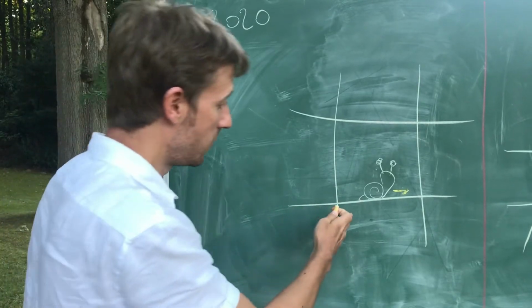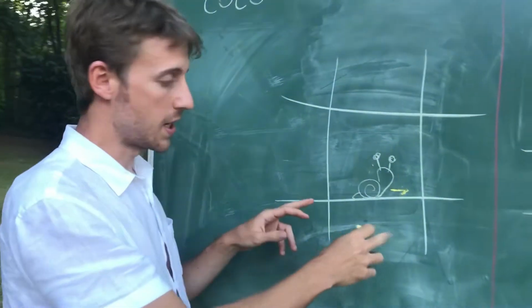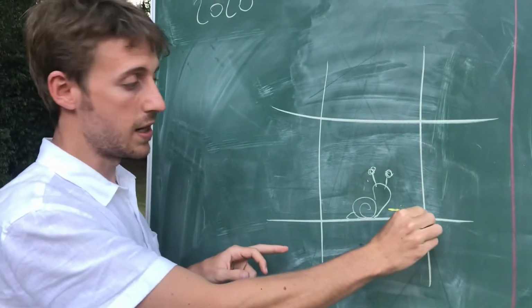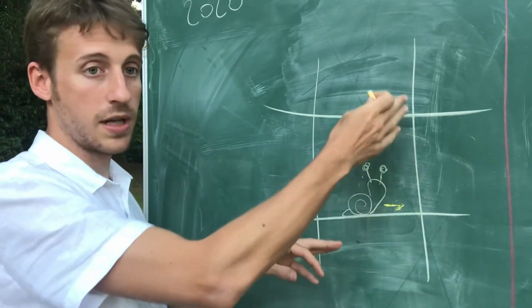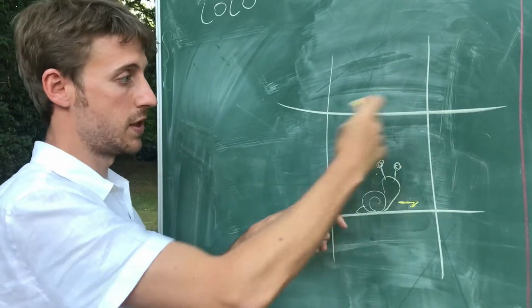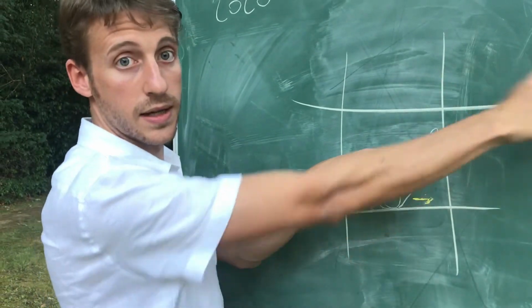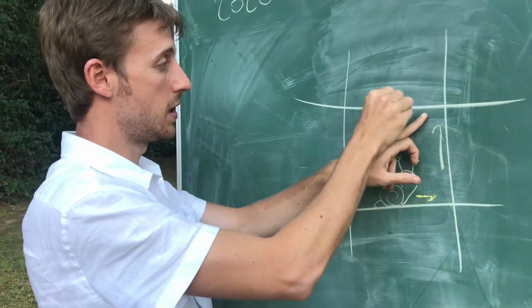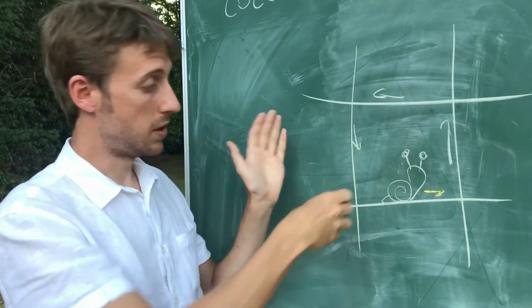For this one, we find out that the problem is impossible again, as for the triangle. So the snail can arrive here, and then if he goes right, he gets lost. If he goes left, then he continues on the square. And then here again, if he goes right, he gets lost. And if he goes left, he continues around the square. And here it's the same. So it has to go left.